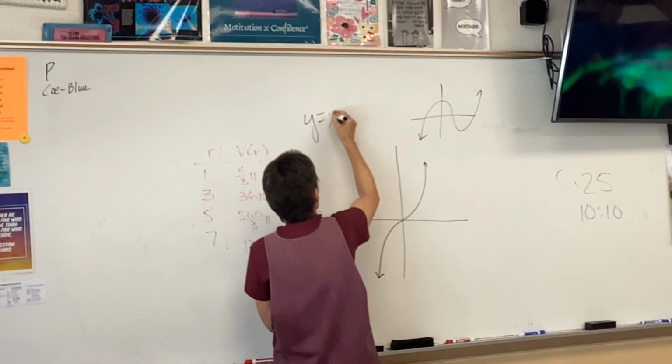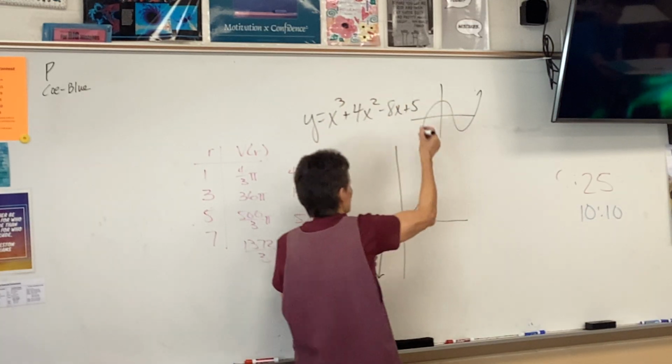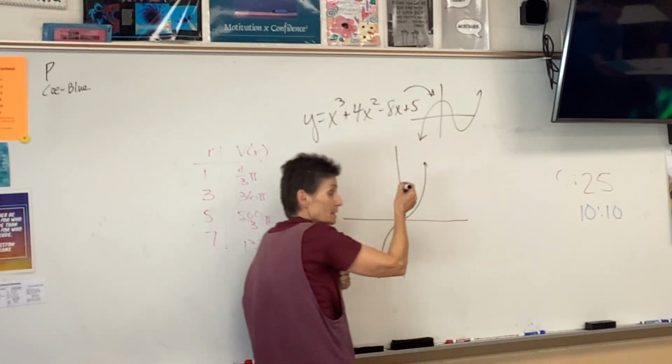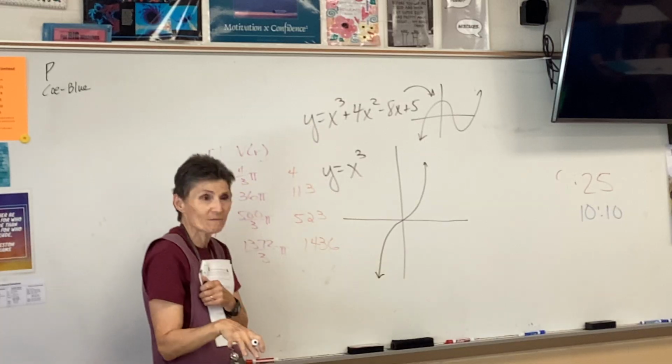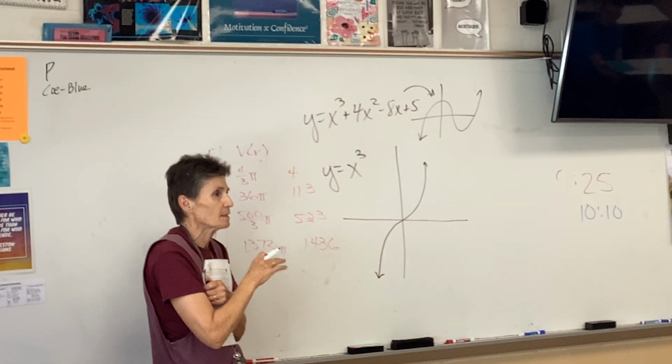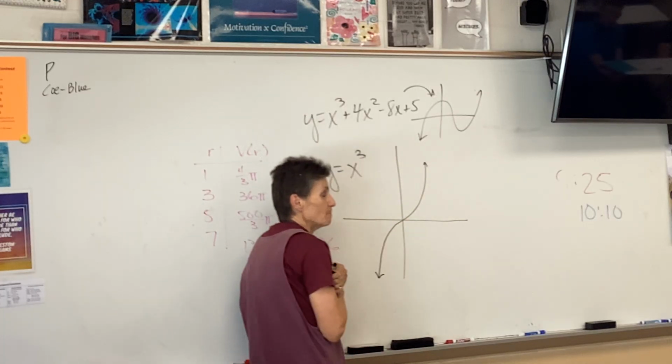So you have a cube like this. All right, that's going to have this shape. When all you have is the cubic term, which is how you got here, it's got a coefficient, but it's just x cubed, this is the shape you're going to have.